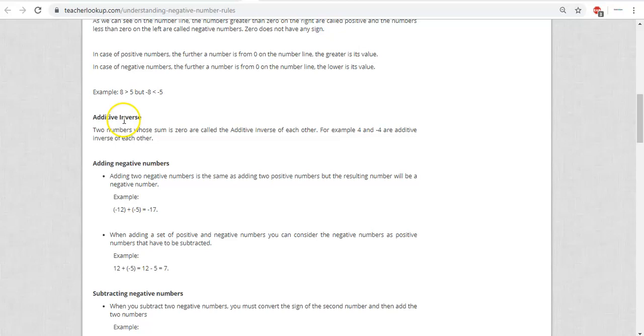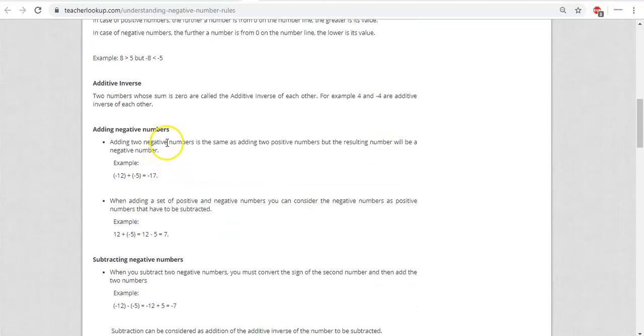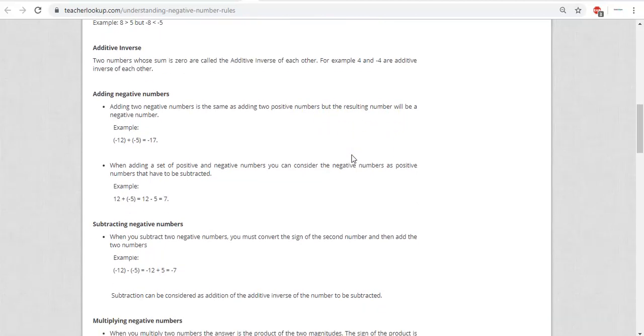So next we're going to speak about additive inverse. Two numbers whose sum is 0 are called the additive inverse of each other. For example, 4 and -4 are additive inverse of each other. Adding two negative numbers is the same as adding two positive numbers, but the resulting number will be a negative number.